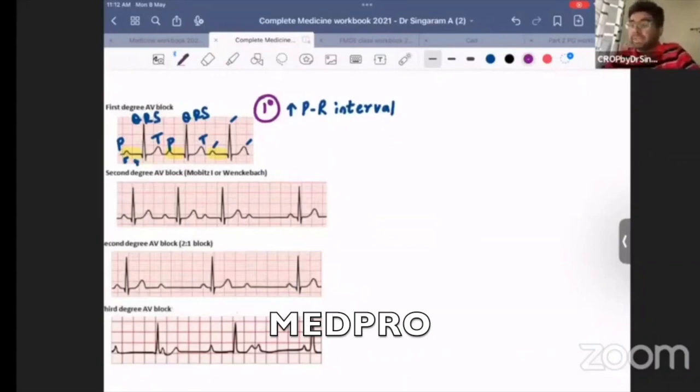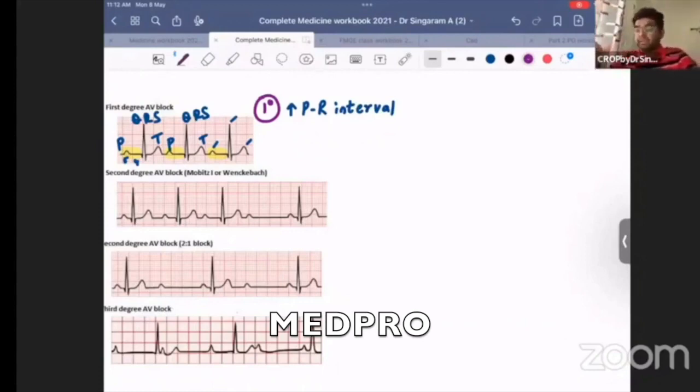What is the simple meaning? The simple meaning is there is increased time taken for the conduction of the impulse from the atrium to the ventricle. What is the gatekeeper between the atrium and the ventricle for the passage of impulses? Of course, the SA node generates the impulses. I am asking what is the gatekeeper between the atrium and the ventricle?